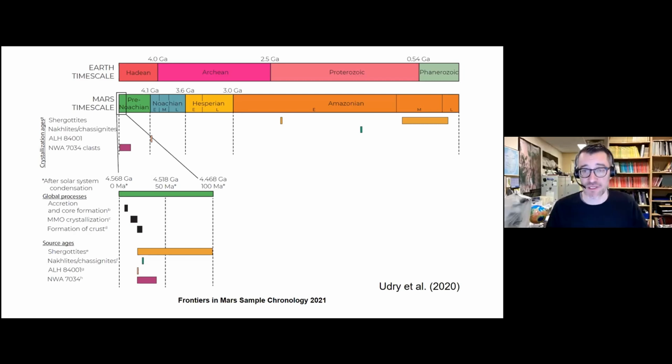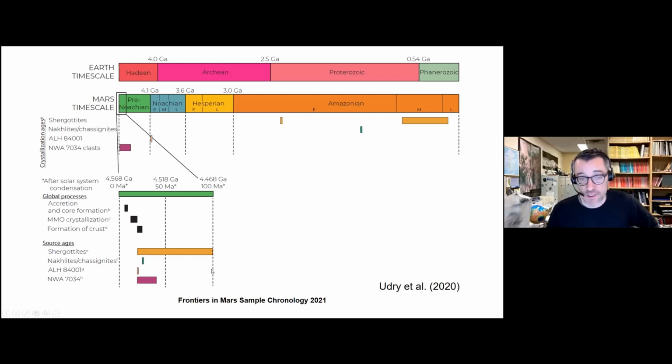This fits with the idea that Mars is poorly convecting, and we haven't really recycled anything into the mantle, so these have been separate for that length of time. So we've established these mantle sources at 4.5 billion years ago, and then they've been tapped by melting at much more recent times. We can even constrain the timing of accretion, core formation, crystallization of this magma ocean, and the formation of the crust.